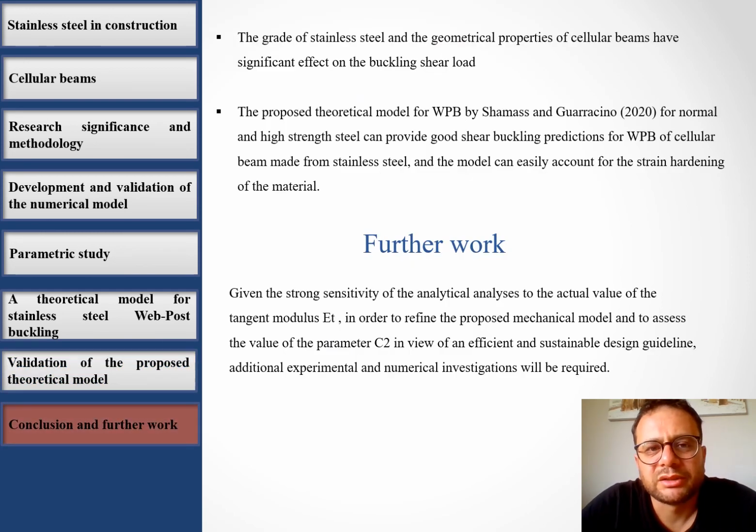We conclude that the grade of stainless steel and geometric properties have a significant effect on web post buckling load. And the theoretical model for web post buckling proposed by Shamass and Guarracino 2020 for normal and high strength steel can provide a good shear buckling prediction for web posts of cellular beams made of stainless steel, and it can easily account for strain hardening of the material.